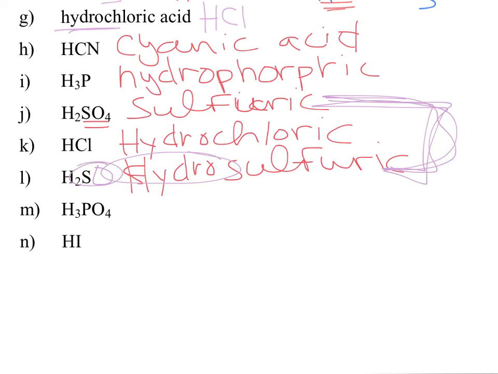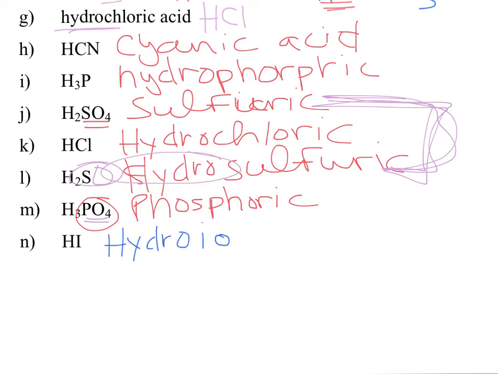All right, there is an O here, so we don't need hydro. That's phosphate, and 8 turns to ic or ric because I ate with ric, so it's phosphoric. And then finally, there's no O, and so it's hydroiodic. Okay? All right, so hopefully that was a help, and that is the end of this session.